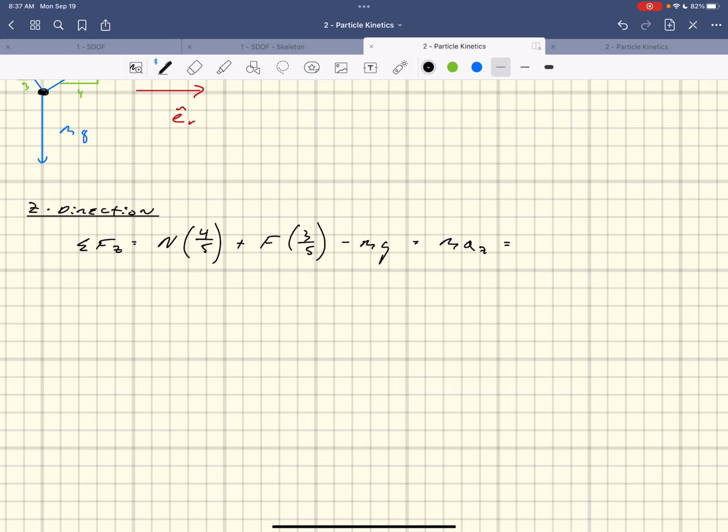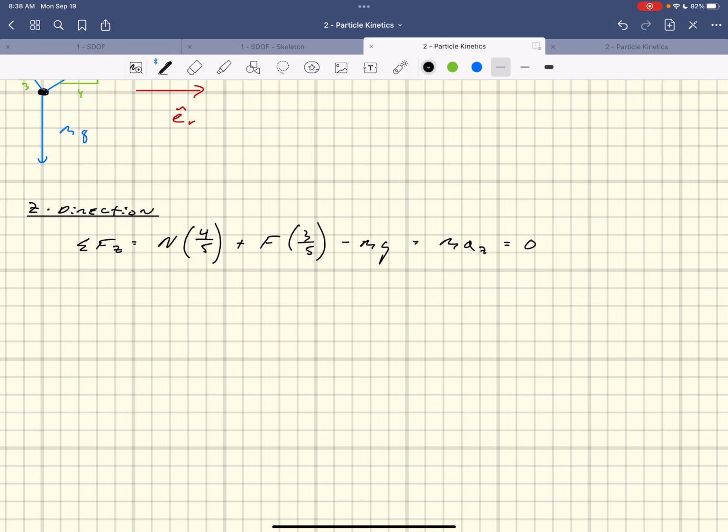Okay, so what is the acceleration in the Z direction? 0, right? If this thing is not moving in the z direction, that's what we're solving for. We're trying to find the speed so that it's not sliding down. If it was sliding down, there would be acceleration in the z direction, but it is on the cusp of sliding down or not sliding down, so that acceleration in the z direction is 0. Okay? This is just a statics problem in that direction. I think you have everything to solve for the normal force there.